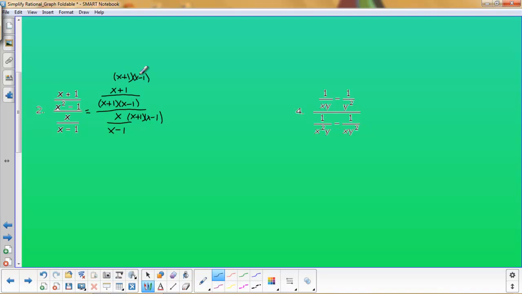Alright, the entire denominator cancels in the top, leaving me x plus 1 only. And then just the x minus 1 cancels on the bottom. So that's going to be x times x plus 1. Now I have identical quantities, so I'll go ahead and cancel that out. And that leaves me 1 over x.